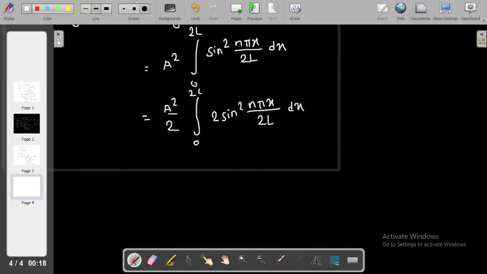Now we know the formula of 2 sine square x, that is 1 minus cos 2x. So this will be 1 minus cos(2 n pi x by 2L), dx.